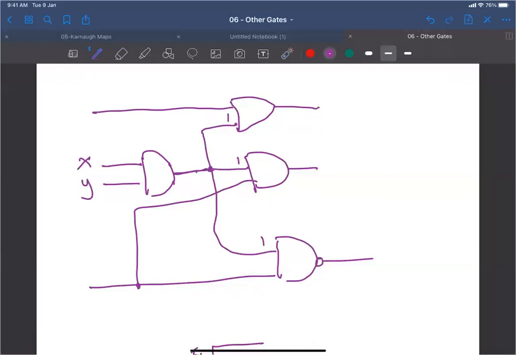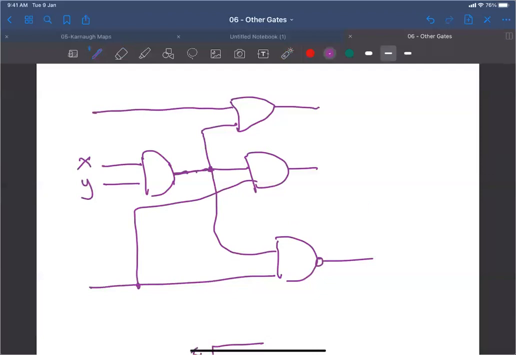It is possible that the output here is not capable of driving all of these gates.